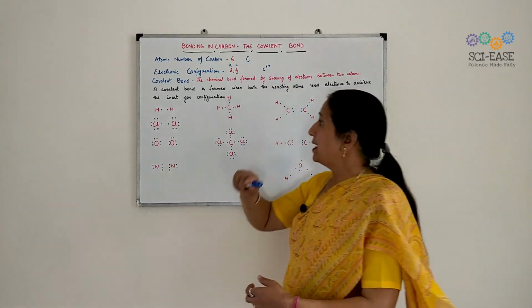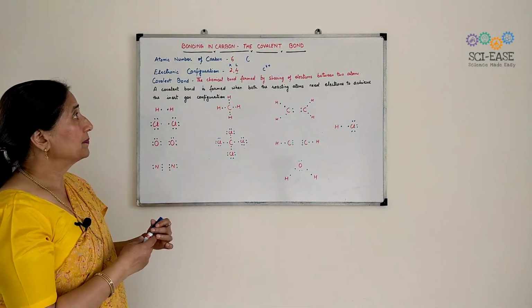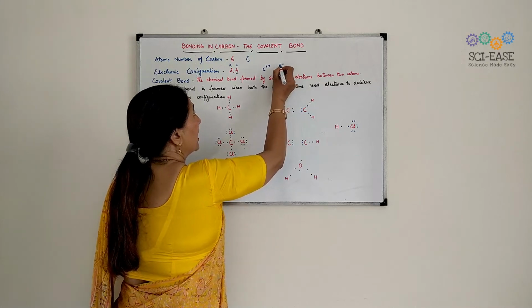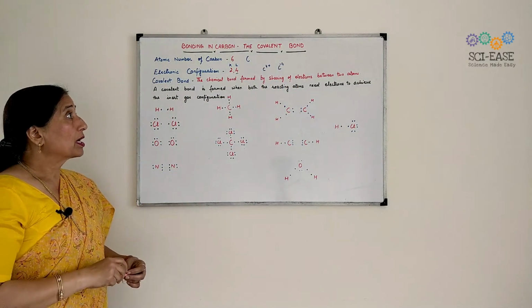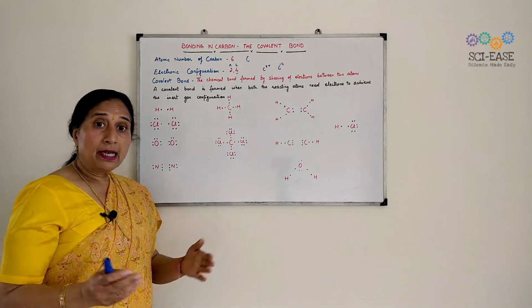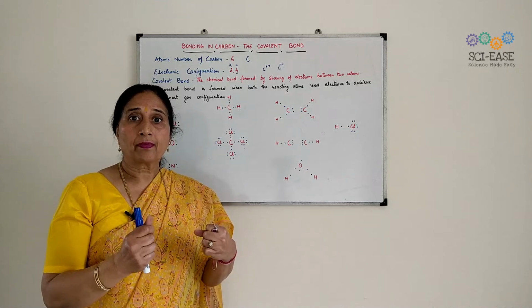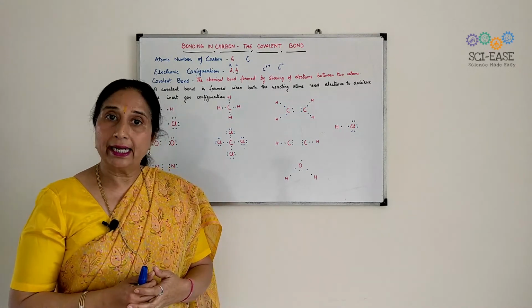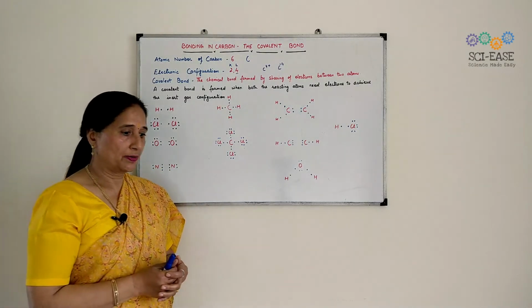In the same way, if it gains the electrons, it will result in the formation of C minus 4. Again, it's very difficult. So carbon shares the electrons with itself or with the other elements and results in the formation of a covalent bond.